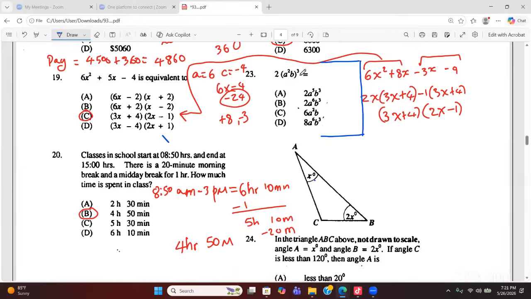So a to the second will become a to the sixth, and b to the one will become b to the third. And then everything is multiplied by 2. So you're looking for 2, a to the 6, b to the third. Your answer is B.